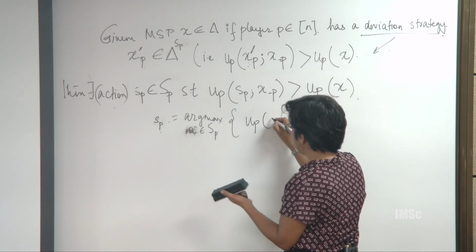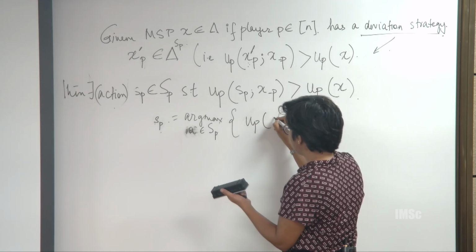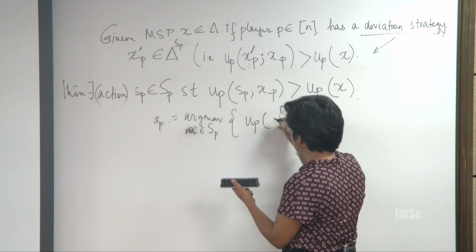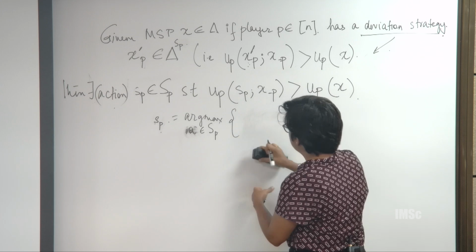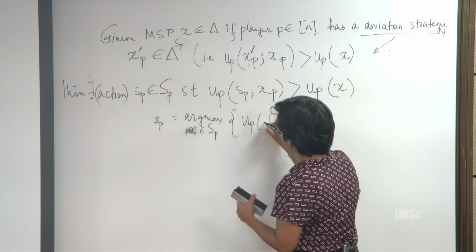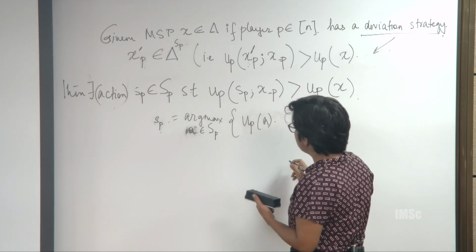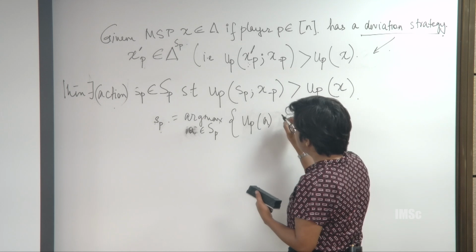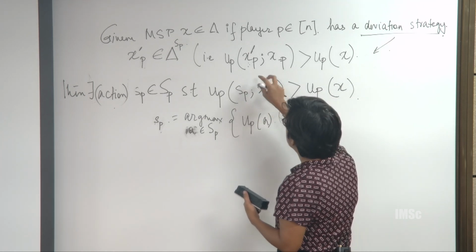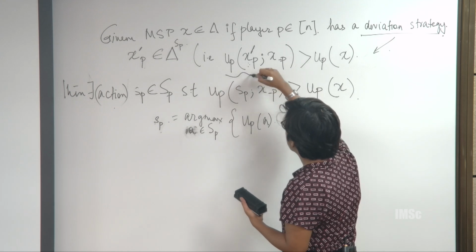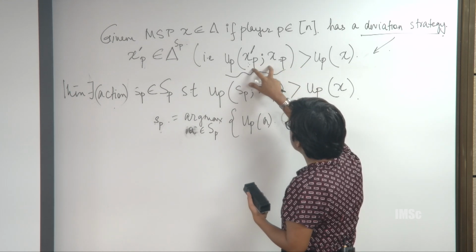U_P, how do I write this? I want to say the U_P(a). I don't need x. Why do you say x minus? Because I want to find the maximum over all the... What am I saying?